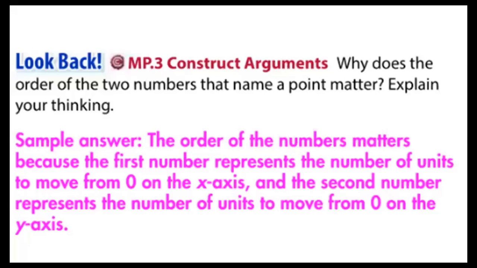You count the number of units and stop. Then for y, you start from 0 to the value given on the y-axis. You count the units to make an intersection and determine the location of the point. Okay, everybody, now you can copy the answer and move on.